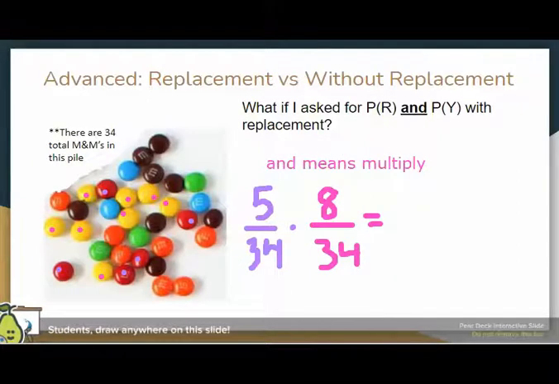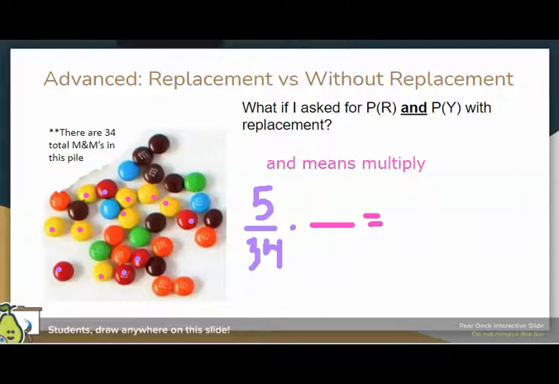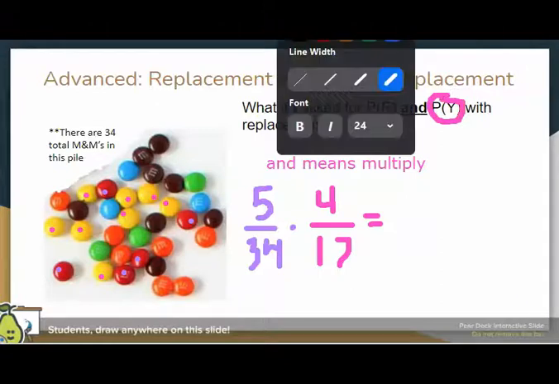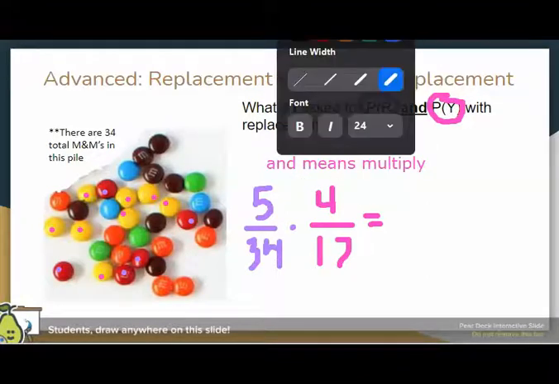All right, so I'm going to get my little eraser and change this to 4 over 17. So just so you guys can see it, I'm going to circle where it's a little bit color-coded. The red is this purple color. The yellow is this pink color.